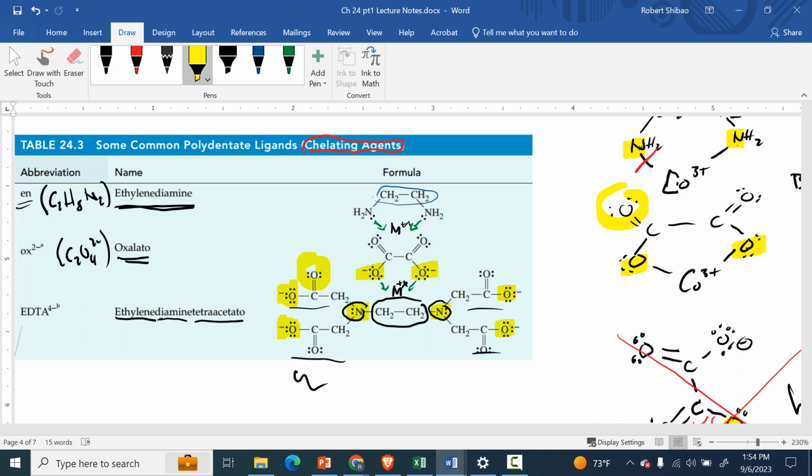If you bind those two oxygens here, I'll try to bind this oxygen and this oxygen at the same time. What would the problem be?